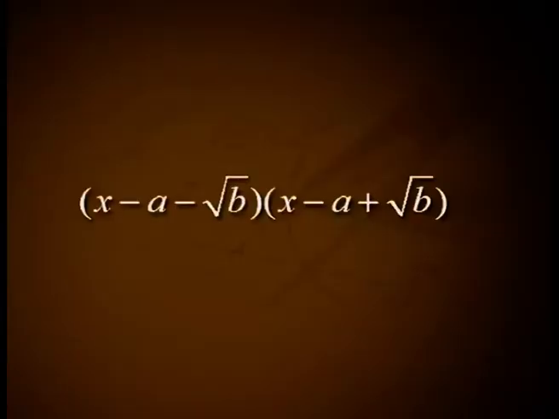Hence, f of x is exactly divisible by (x minus a) whole squared minus b, that is by (x minus a minus root b) into (x minus a plus root b). Hence, x equal to a minus root b is also a root. That is, we have shown that if a surd number a plus root b is a root, then a minus root b is also a root. This shows that in an equation with rational coefficients, surd roots occur in pairs.